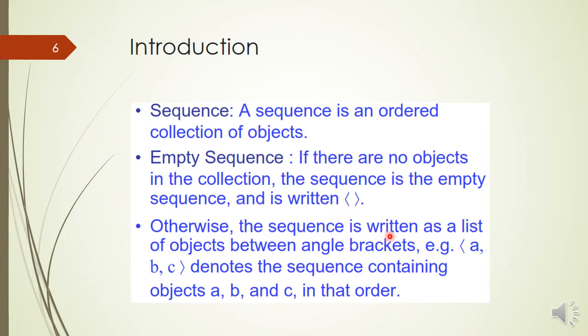For example, a sequence containing three elements is represented as given in the slide. The position of element A in the sequence is first, the index or position of element B is second, and the position or index of element C is third.